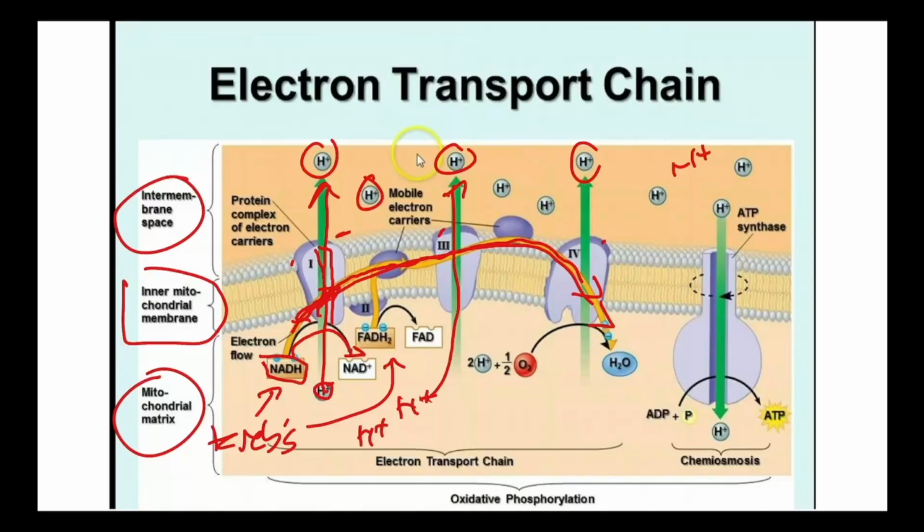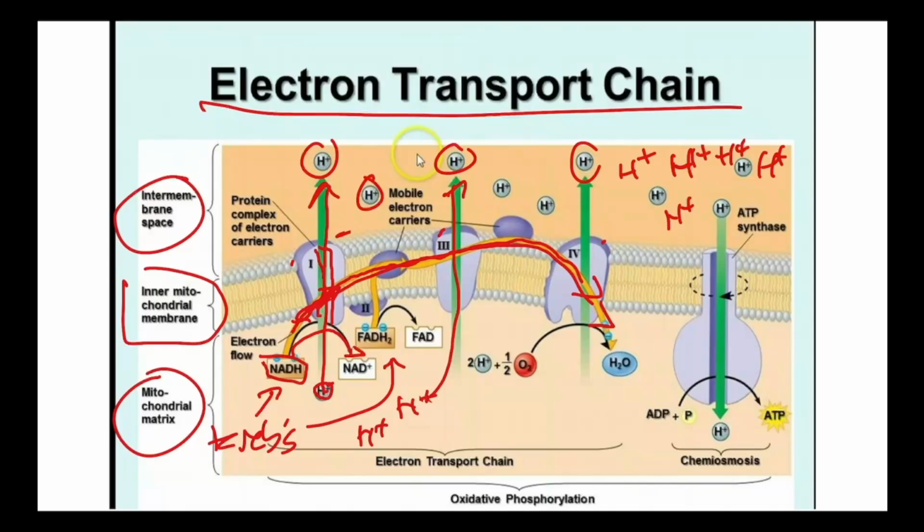So the intermembrane space swells up with protons as these NADH or FADH2 are being split. All of those protons are getting pushed to the other side. The electrons are zooming across. That's why we call it the electron transport chain. And the intermembrane space is swelling up like a balloon with all these protons.